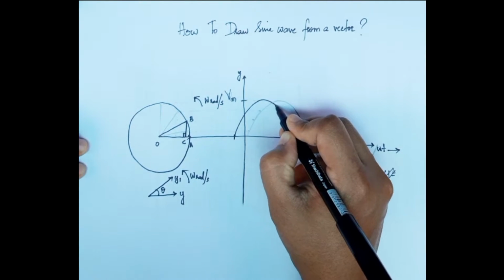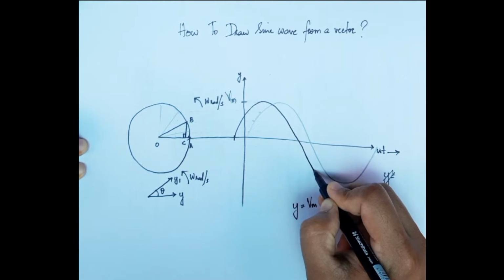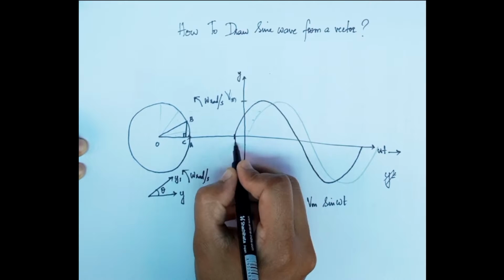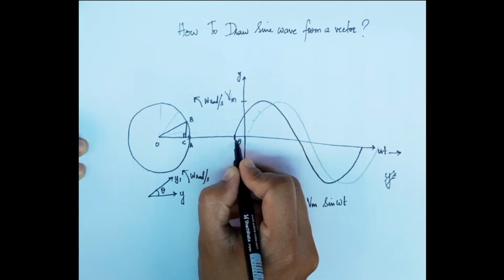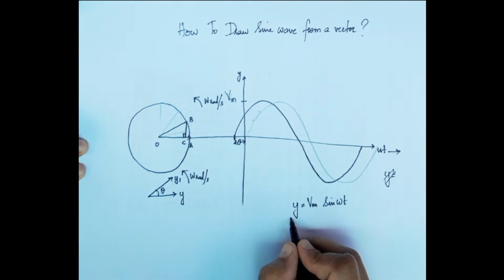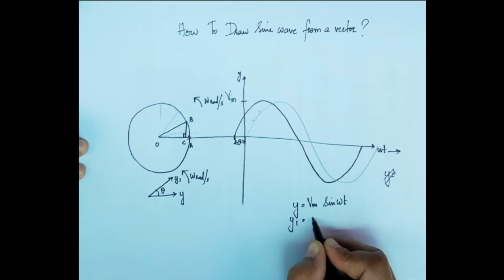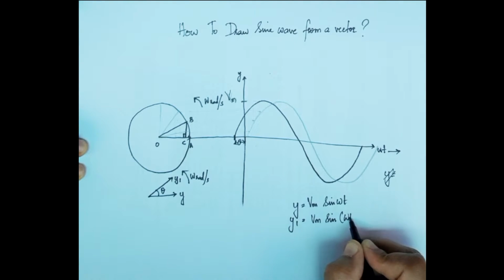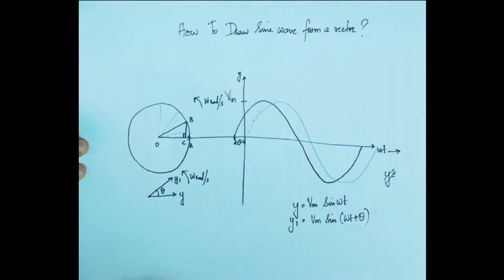So if we draw it in the xy plane, we have the wave, and theta is called the phase difference, which is the phase angle between y and y1, where y starts at 0 degrees and y1 starts at theta degrees.